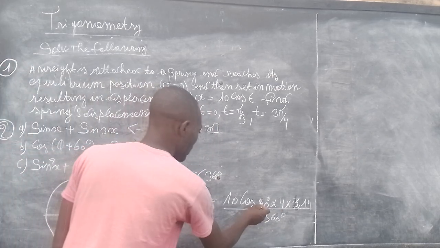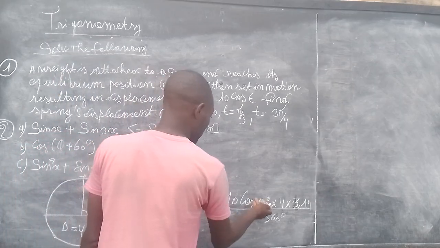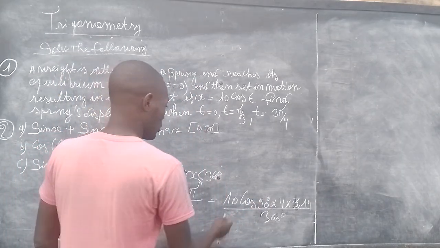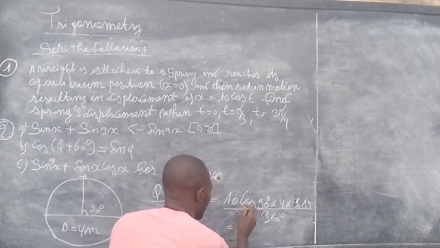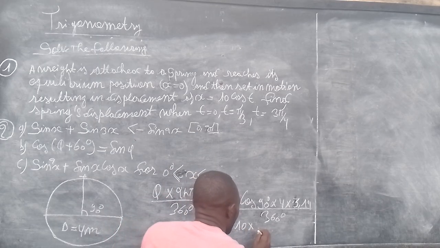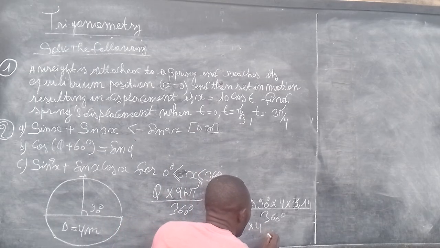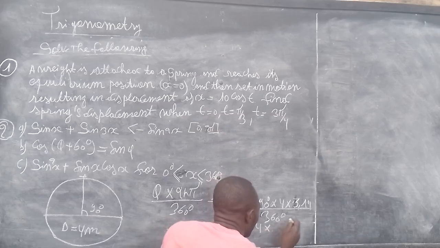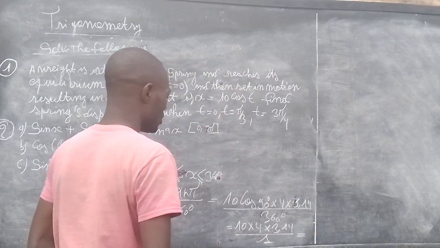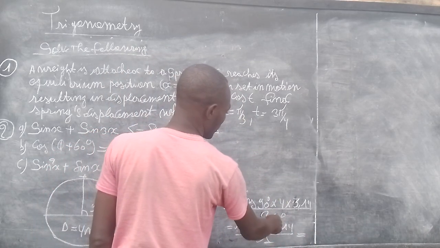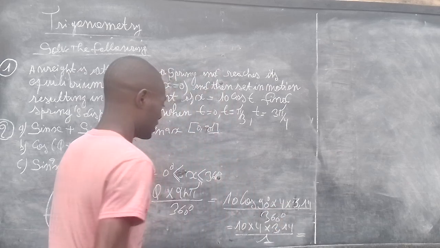Of course, the cosine of 90 degrees equals 0. Then we have 10 times 4 times 3.14 over 1, so you may find the final answer. By here you know that 360 over 360 is equal to 1.